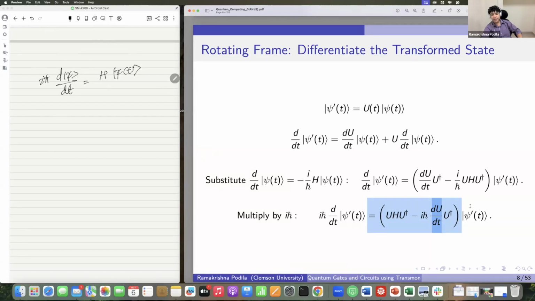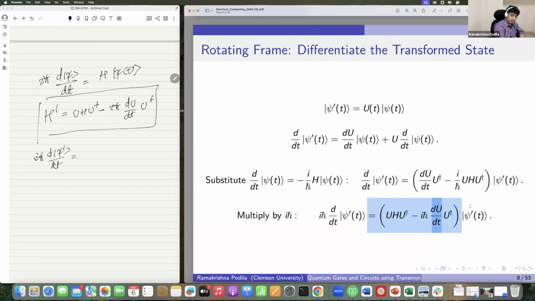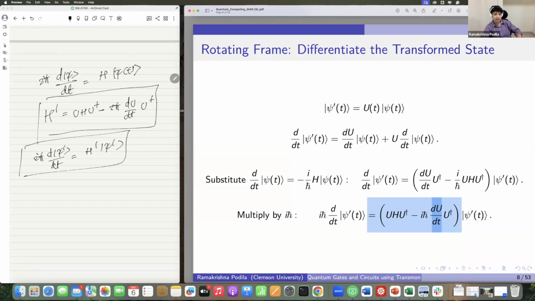So this is simply the Schrodinger equation for psi prime, if I write H prime as U H U dagger minus i h bar dU by dt U dagger, right? So then my equation would be i h bar d psi prime by dt is equal to H prime psi prime. So this would be the Schrodinger equation in the rotating frame. Am I making sense? Any questions?